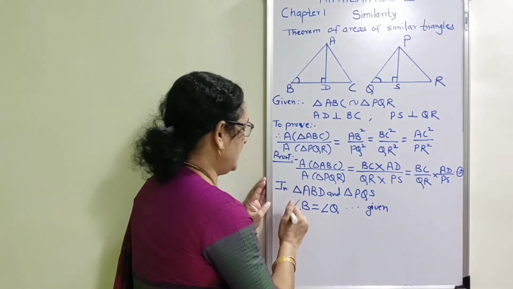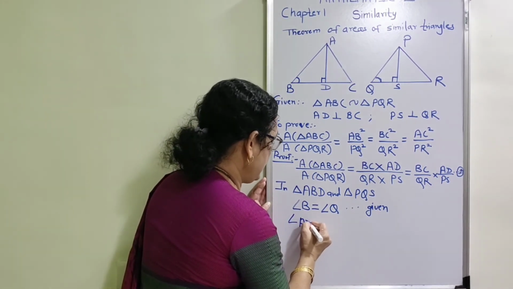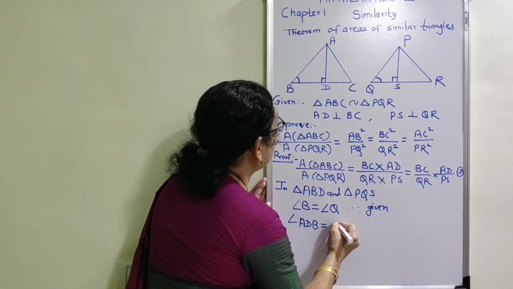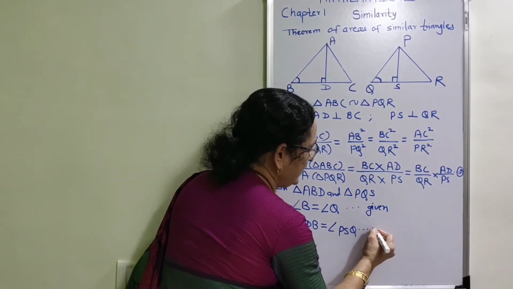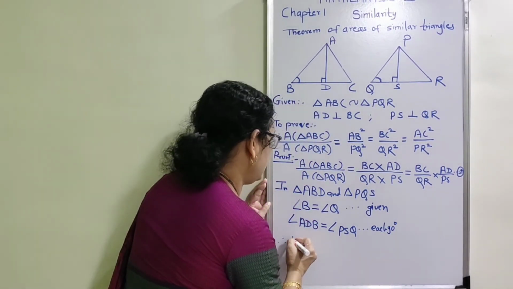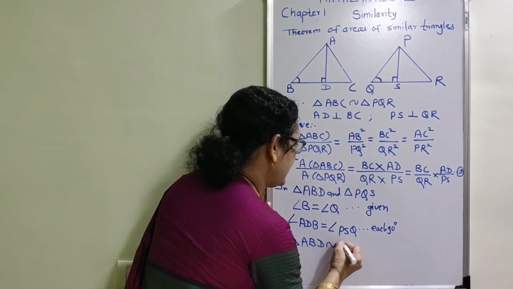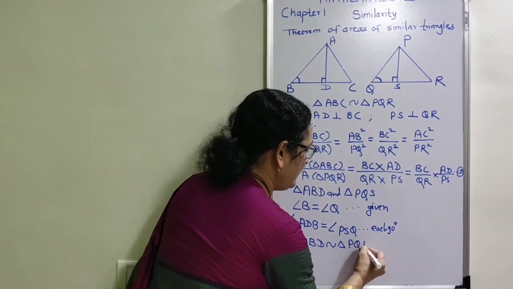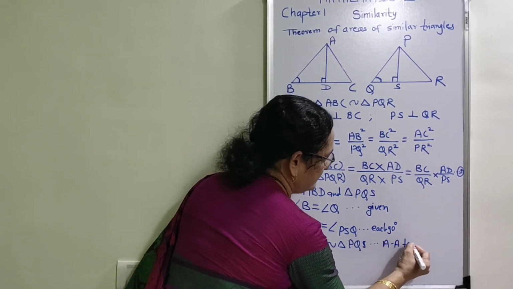The second pair: angle ADB is equal to angle PSQ, each 90 degrees, and therefore triangle ABD is similar to triangle PQS by a test of similarity.